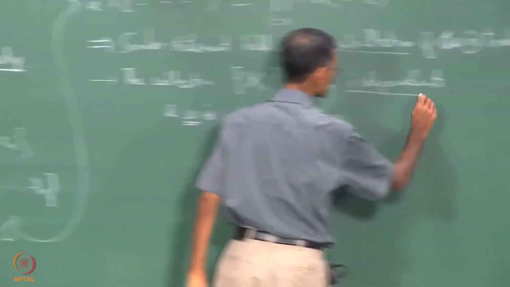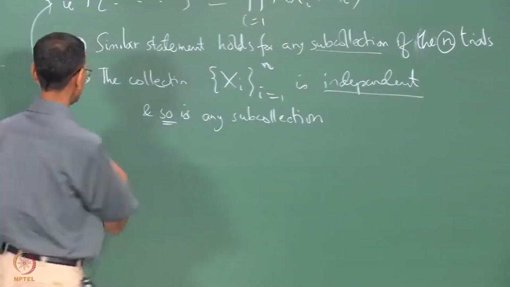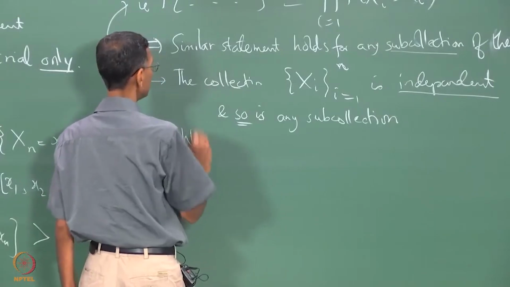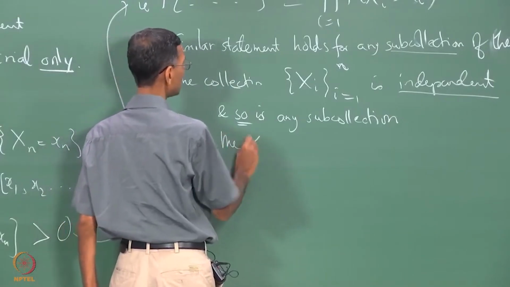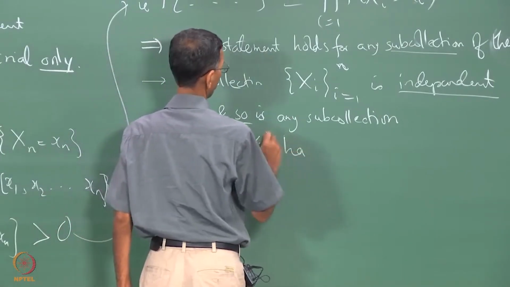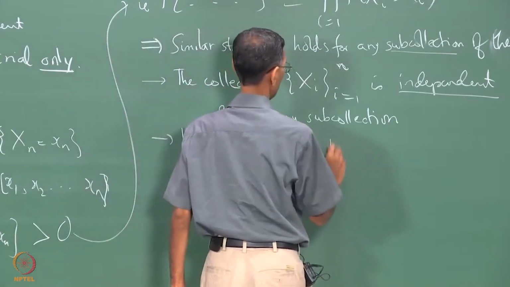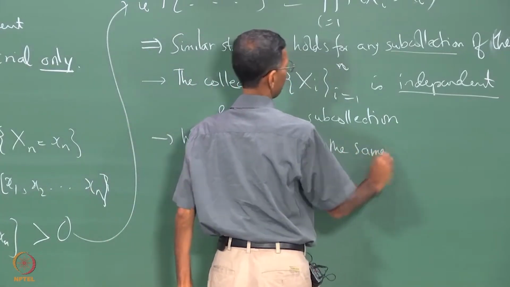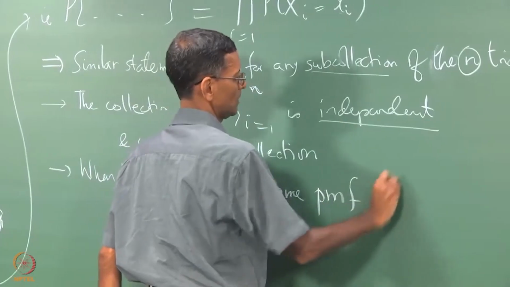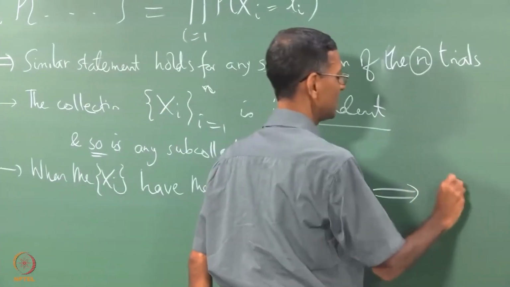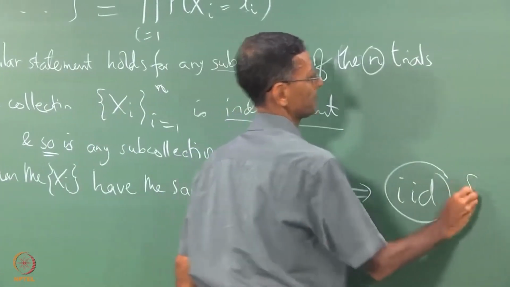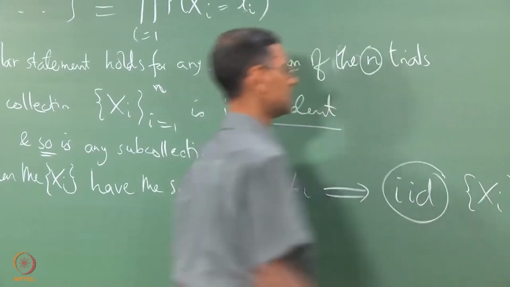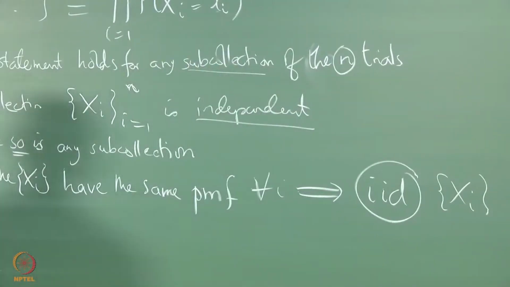So, first we understand that they are independent, then when the Xi's have the same PMF, what do you get? You get IID. The collection is independent and identically distributed.